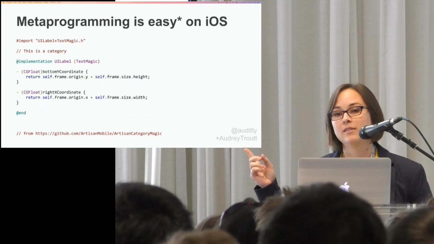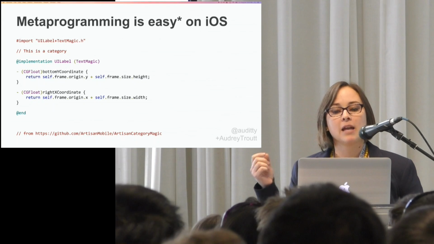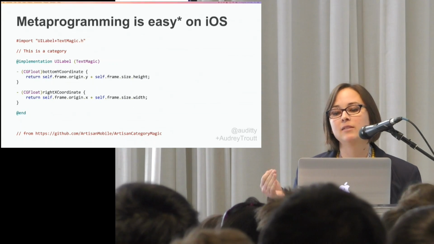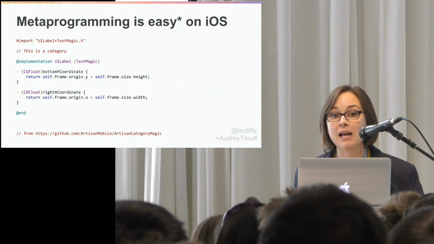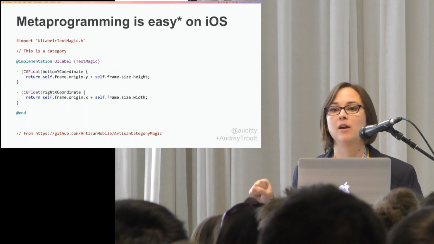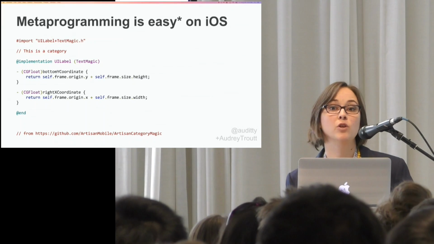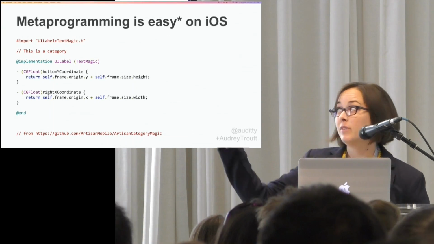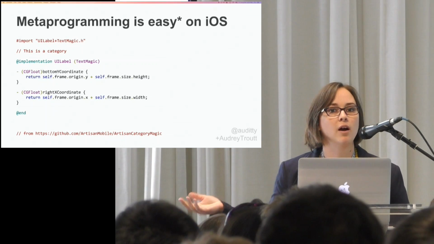Up here on the screen, this is an example of an Objective-C category. Categories allow you to extend existing classes loaded into your app's runtime, even classes that are part of the base iOS package. So UIView or UIViewController, this is like View or Activity. This here is an extension of UILabel, which is like a TextView on iOS.